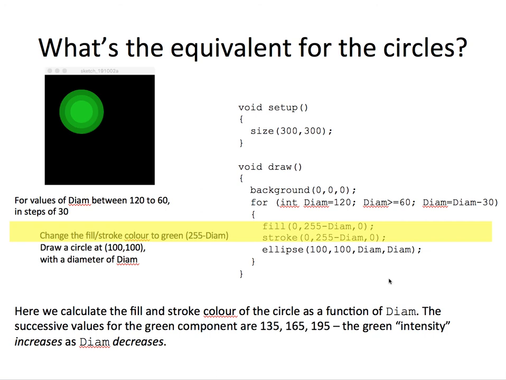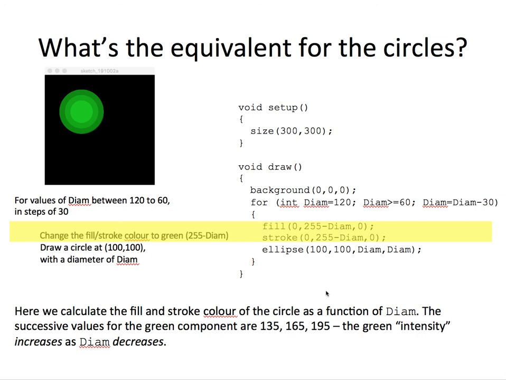If we dial down the values of red and blue and only focus on the green component, then if we start with 255 for green and subtract the diameter from the maximum intensity of 255, the green component value goes up as the diameter goes down.